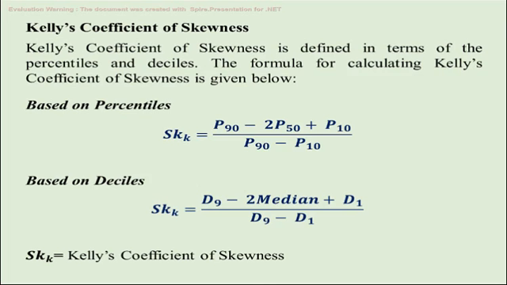The formula based on deciles is 9th decile minus 2 median plus first decile, divided by 9th decile minus first decile.